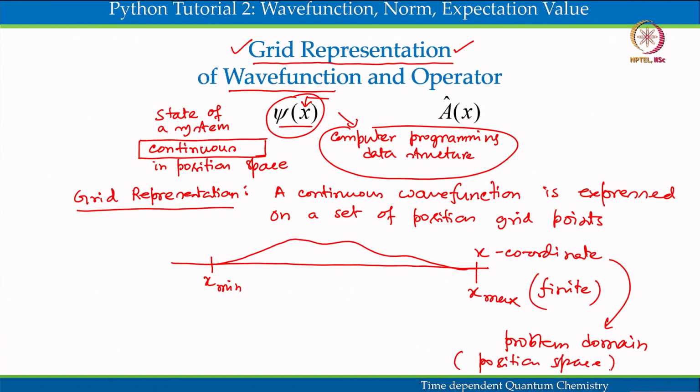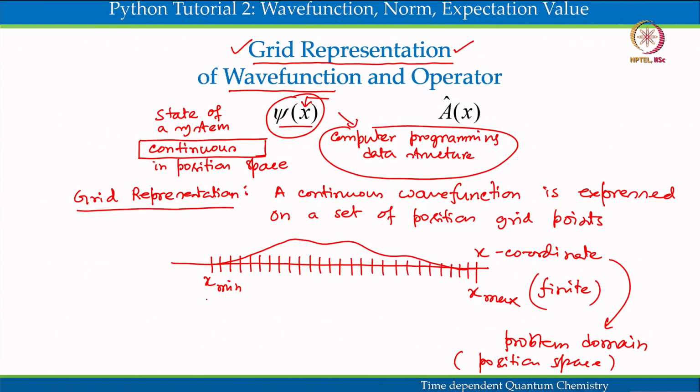This entire position space, we will be dividing it into a uniform grid. So we will have a discrete value of x, and corresponding to each discrete value of x we will have a discrete value of the wave function.